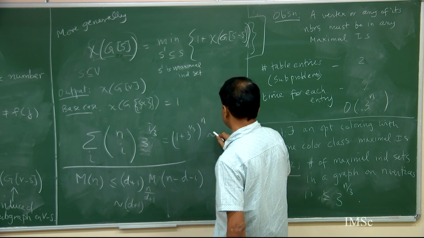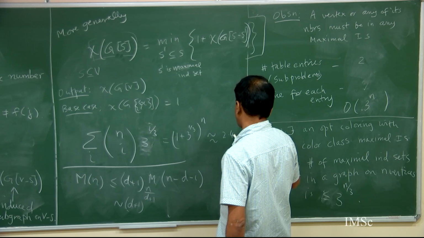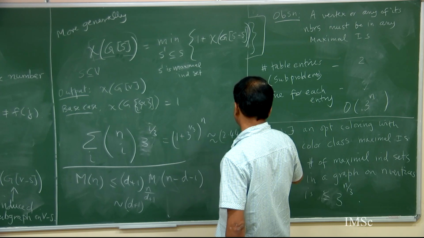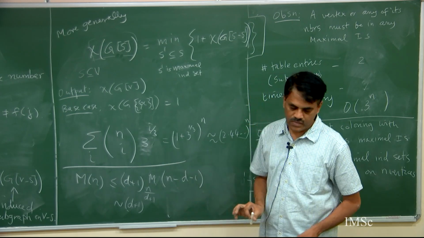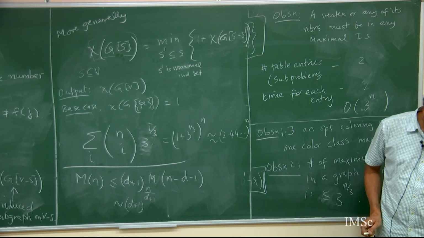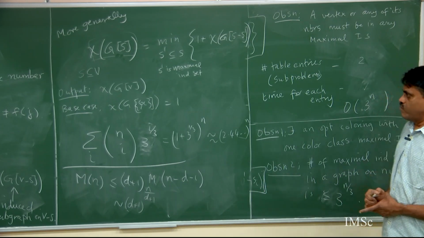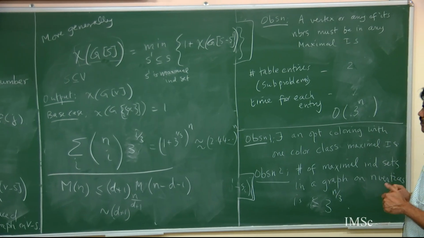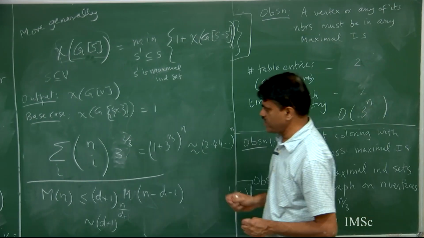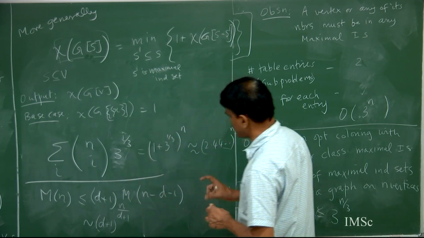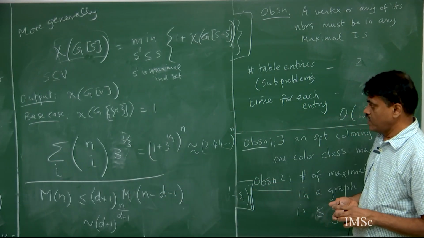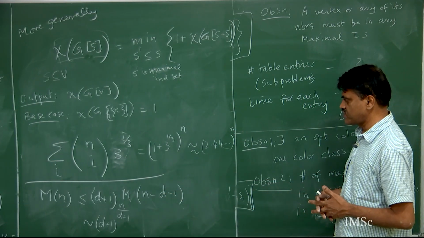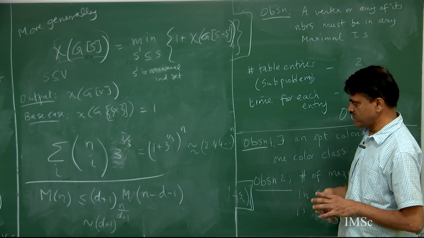So, this is roughly 2.44 power n. Essentially, dynamic programming plus the observation that the number of maximal independent subsets of a graph on i vertices is at most 3 power i by 3.